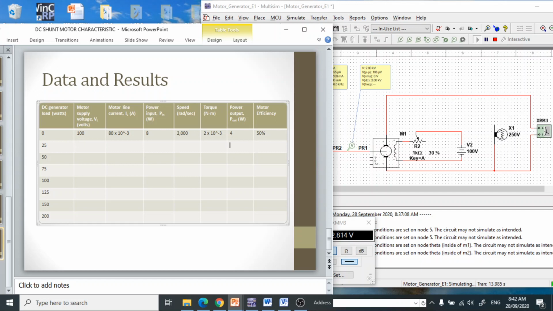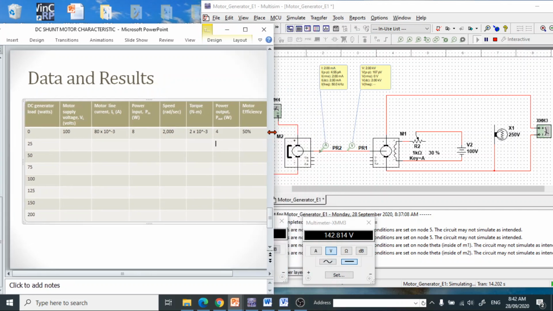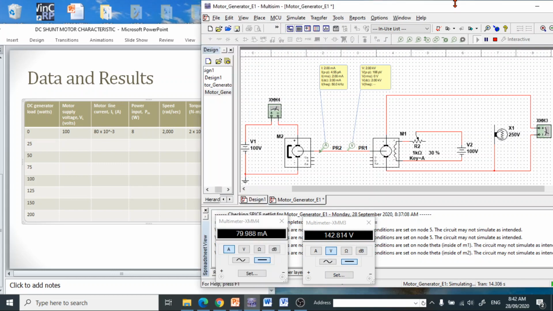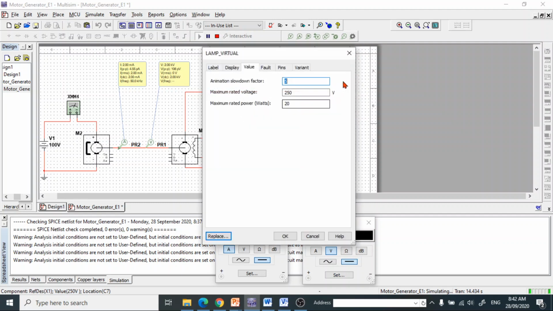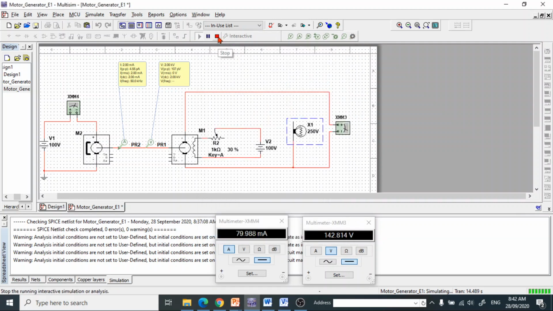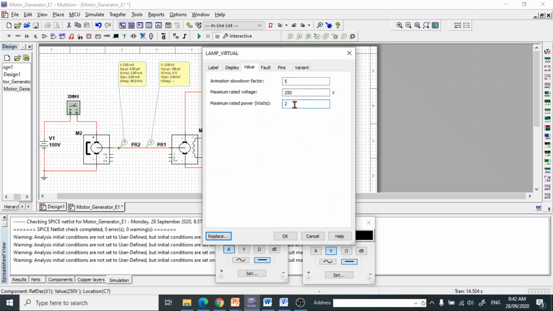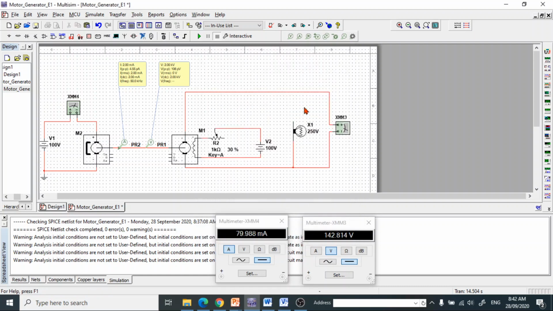Now next is to increase the load of the generator. You stop the simulation first, then change this one to 25 watts. Connect this to the terminals of the generator and then run the simulation.